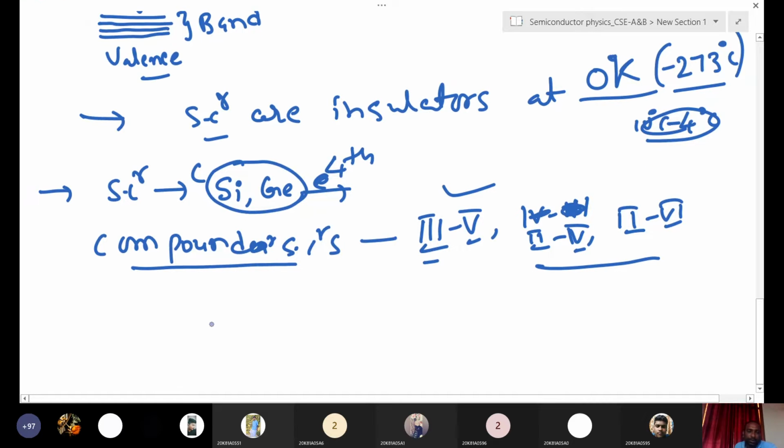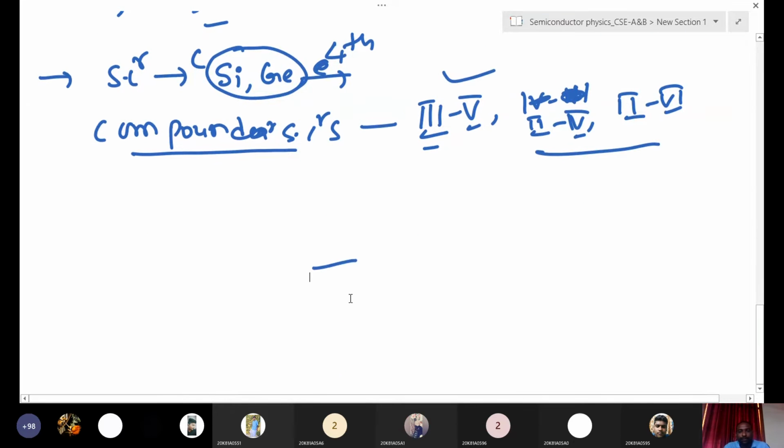Now, what we are discussing: if you take silicon at 0 Kelvin, it is an insulator. Why is it an insulator at 0 Kelvin? Anyone? Why are semiconductors insulators at 0 Kelvin?